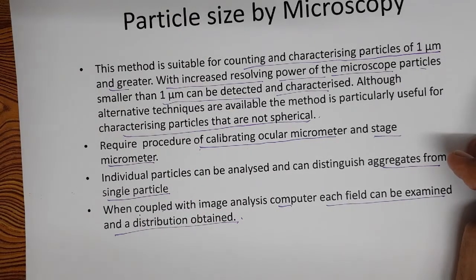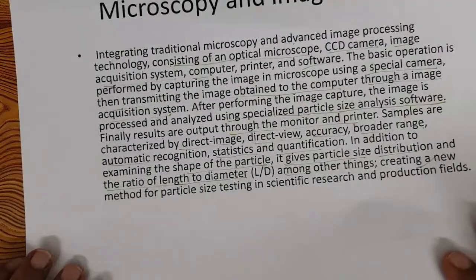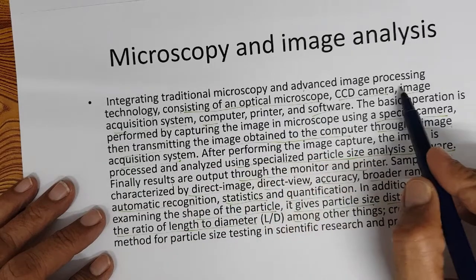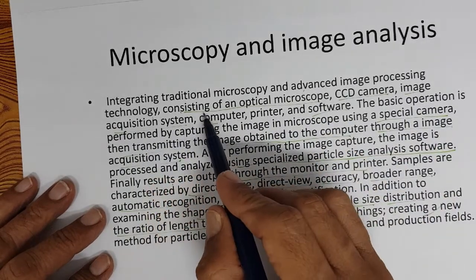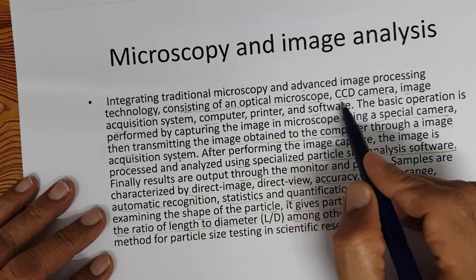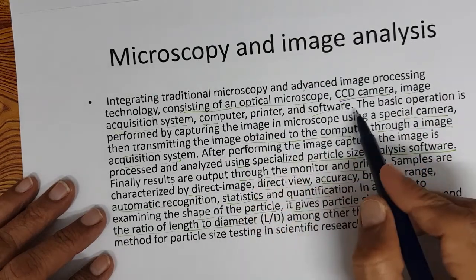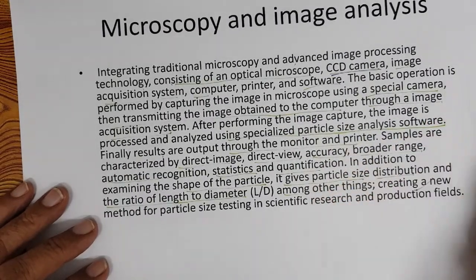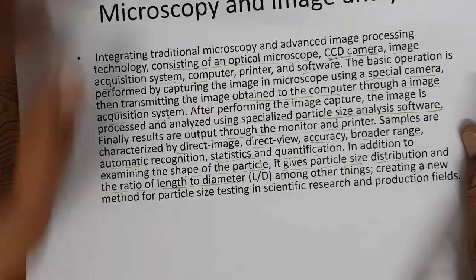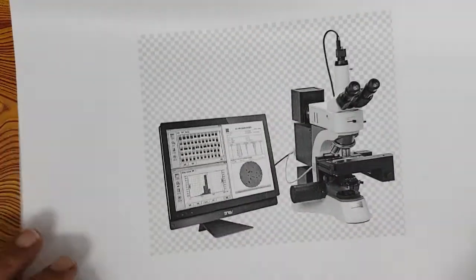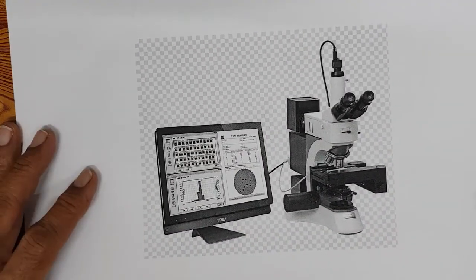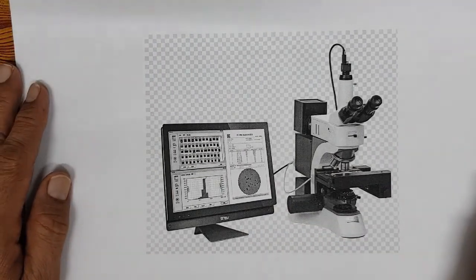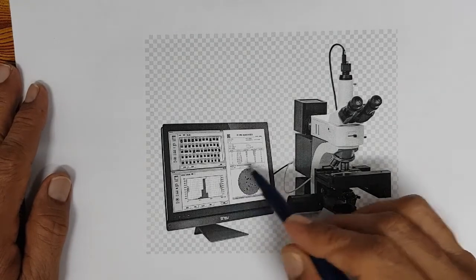So in moving that scale, you have to measure the size manually, right? Now image analyzers are in the market, integrating traditional microscopy and advanced image processing technology, consisting of an optical microscope, CCD camera and all those things. So by these techniques, you can directly get the image in the computer, right? And then you can analyze this.